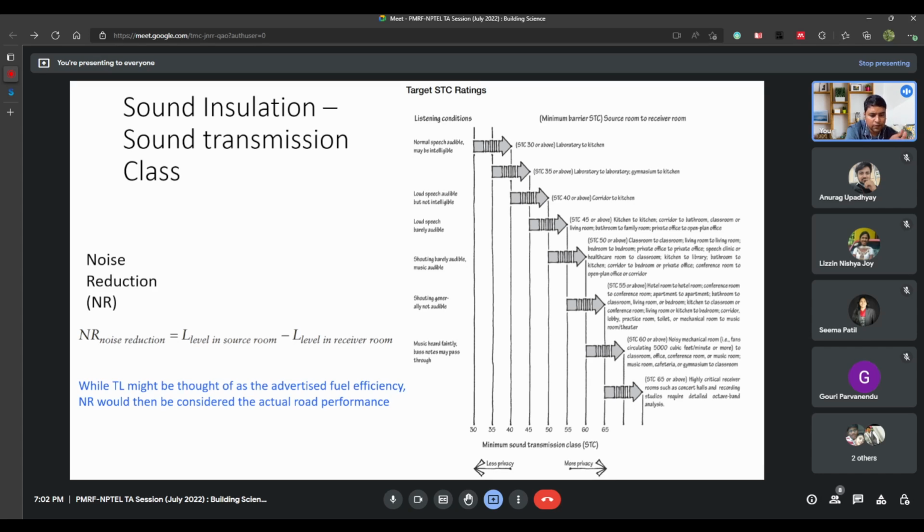If you compare it in terms of fuel efficiency for a vehicle, the transmission loss might be thought of as what is being advertised. One car is advertised as giving 25 kilometers per liter, but what you actually measure might end up being 18 kilometers per liter. So that is noise reduction. Noise reduction is basically the sound level in the source room minus the sound level in the receiver room.